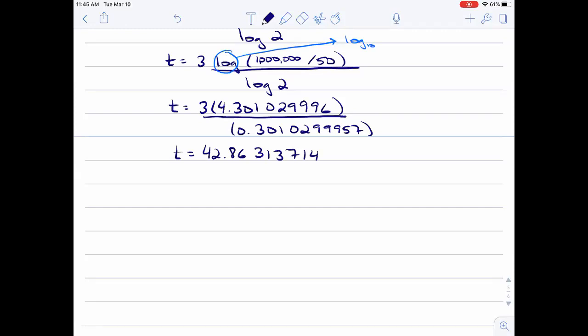Let me see here. Log base 10 of 20,000 divided by the log base 10 of 2 times 3. I'm still getting that. Okay, now I got 42.8. Cool. Before I was breaking up all the steps, and then when I just put it all together, I find it's actually easier.